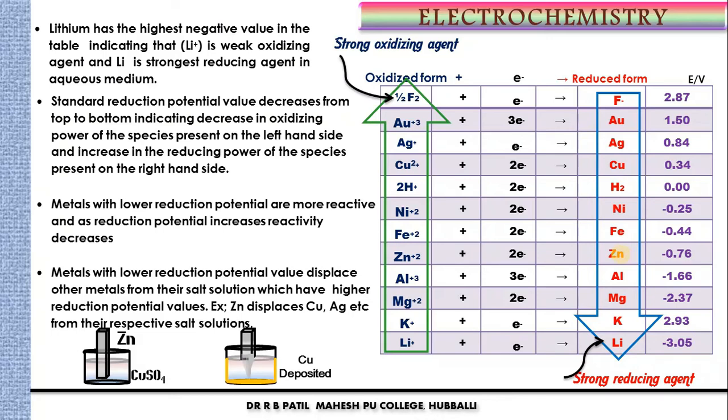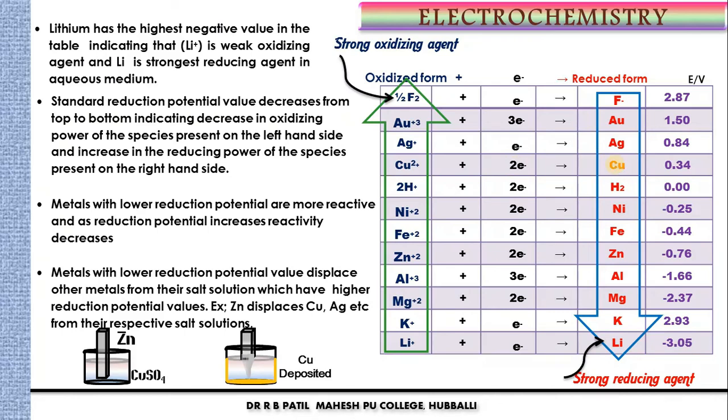In other words, it undergoes oxidation by losing electron and converted to Zn2+. Whereas copper with positive reduction potential value has more tendency to undergo reduction, or it acts as a stronger oxidizing agent. The Cu2+ ion present in the solution gains electron and converted to Cu, students.